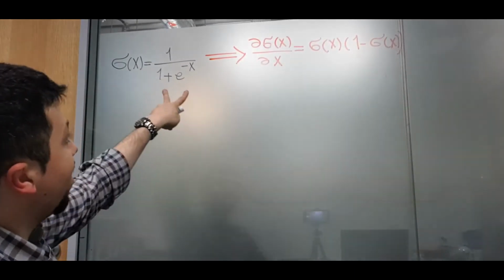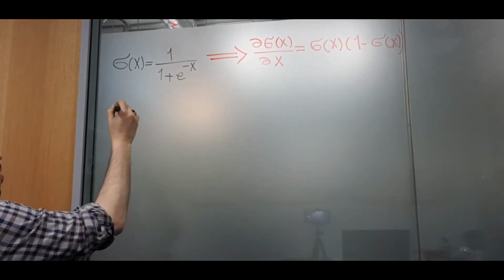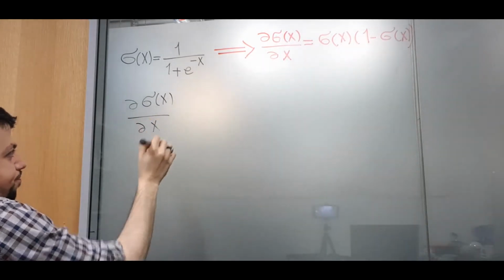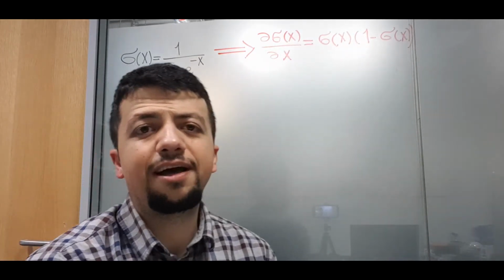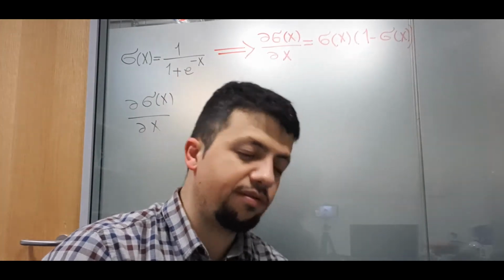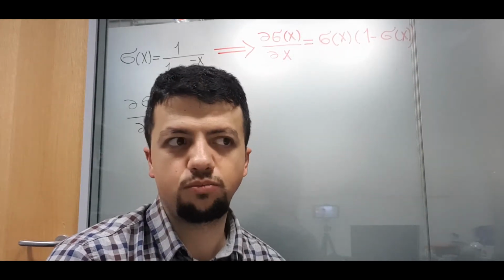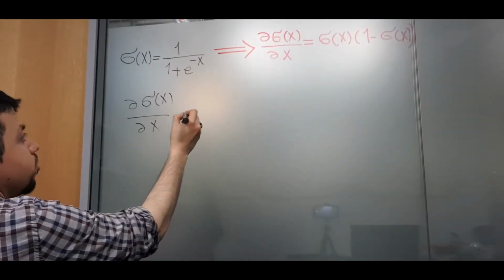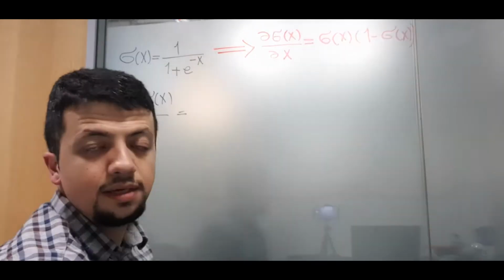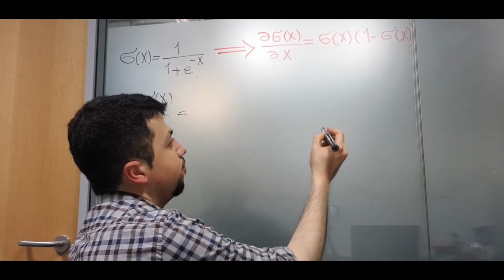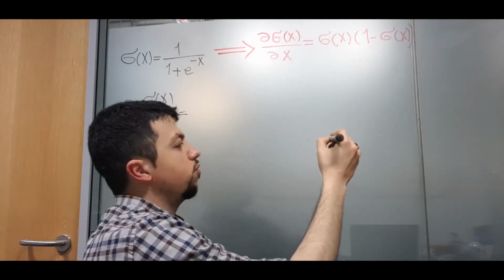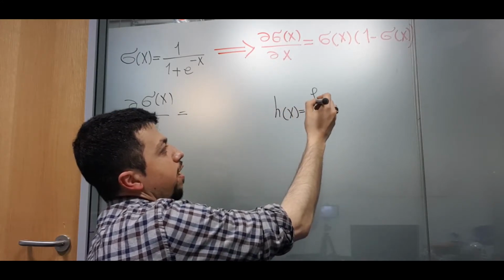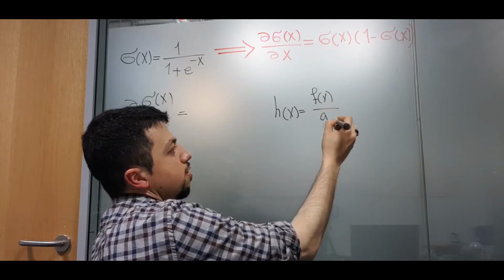Okay, so this is a fraction, right? If I want to take the derivative of my sigmoid of x with respect to x, I can use the calculus rule for taking the derivative of a fraction. Just a side note: let's say I have a function h of x equal to f of x divided by g of x.